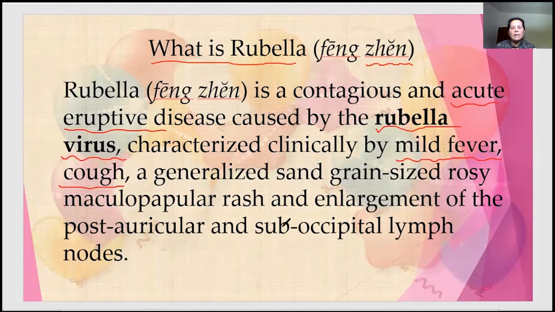Then you can see some red, pretty small skin rashes. The rashes can go to the body, and also behind the ear. And also some lymph nodes are bigger. So that's this illness.